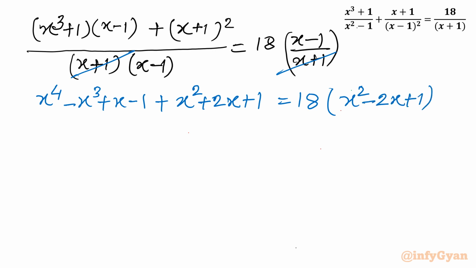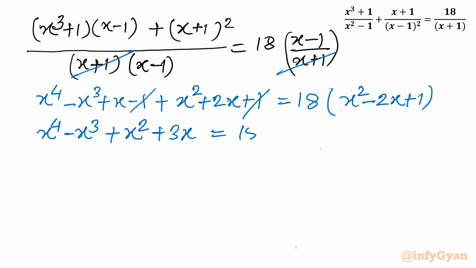Done. Now let us simplify the LHS: x^4 - x^3, then x^2, plus 3x, and the 1 we can cancel out. It is equal to 18x^2 - 36x + 18.